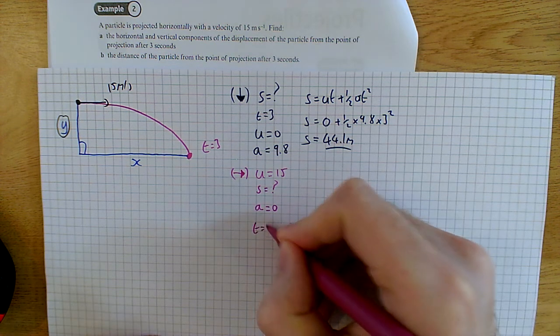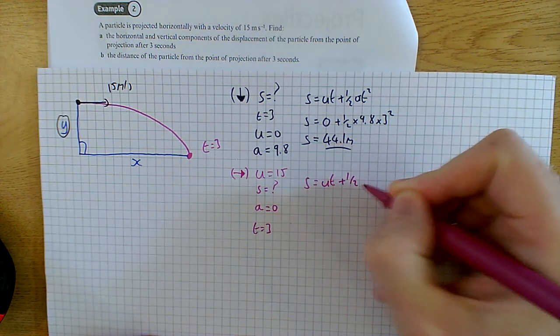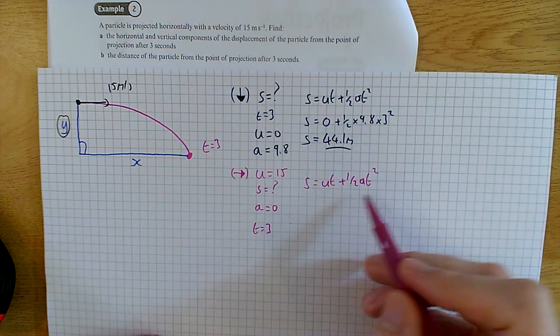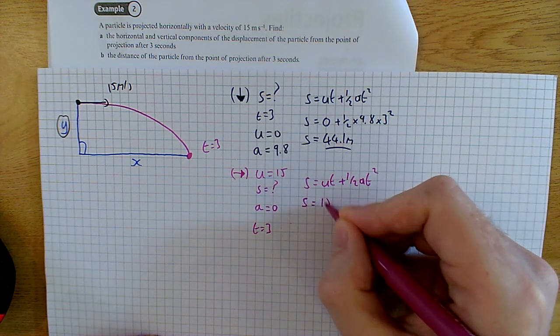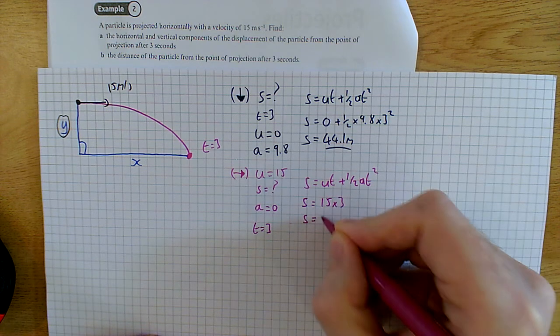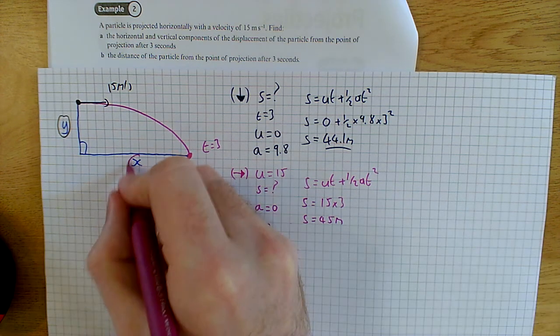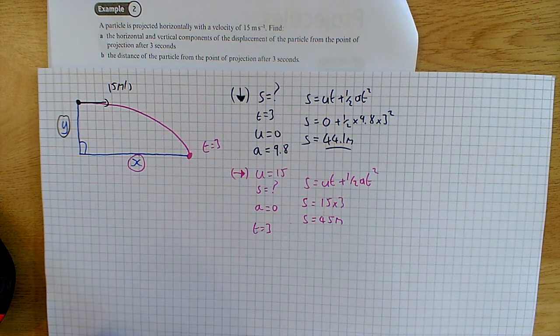And we know that t is equal to 3. So again, s equals ut plus 1/2 at squared, but because the acceleration is 0, this whole term on the right is going to die just like last time. So s equals 15 times 3, so s is 45 meters. And that's going to be this value here. So we're 45 meters along from where we started.